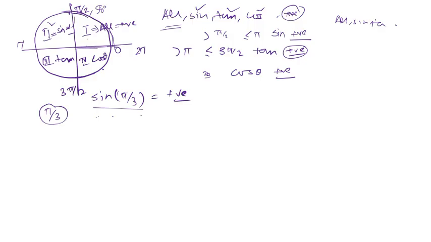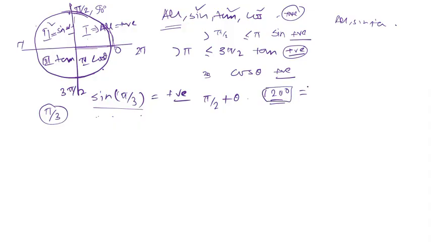Now if I have some function like pi by 2 plus theta, which is falling on this quadrant, correct. Suppose I have an angle of 120 degree, so I know how to convert that to radian.